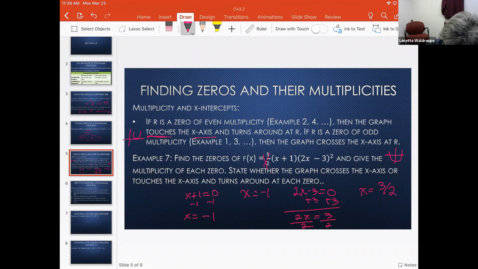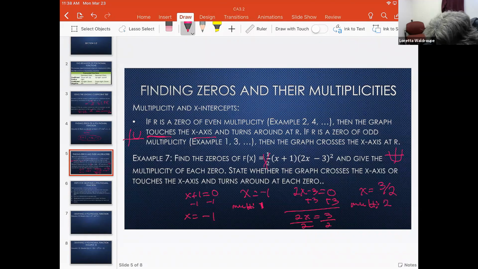Okay, now it wants us to tell the multiplicity of each. Multiplicity means if it's factored, how many x plus 1s are up there? And you have to look at the exponents. So there's just one x plus 1, but if I look at the exponent of 2x minus 3, it's squared, so there's 2 of them.